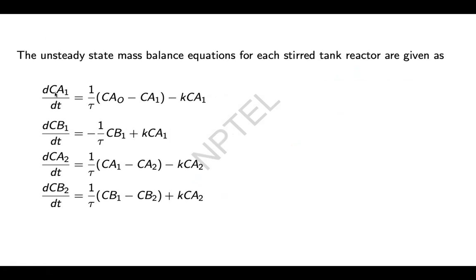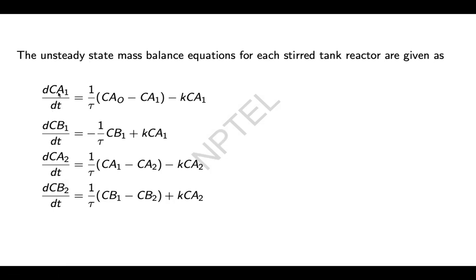So your ODE will give you time values and CA1, CB1, CA2, CB2 values. If you're able to numerically calculate the gradient, and check if the gradient is zero at some point, then you can say that the steady state has been attained.